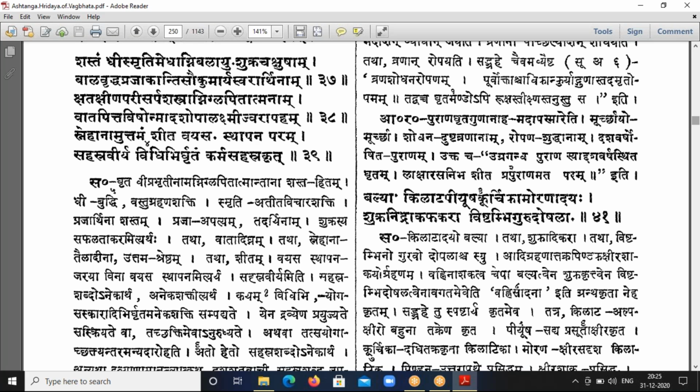Rojana, Vannisadana are additional points. Rojana, Ruchyam, Vannisadana, Shukradidra Kabhakara Vishtambhi Guru Doshala. We can find that there also.